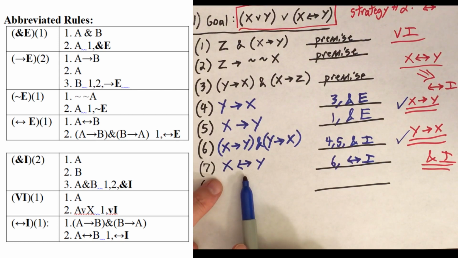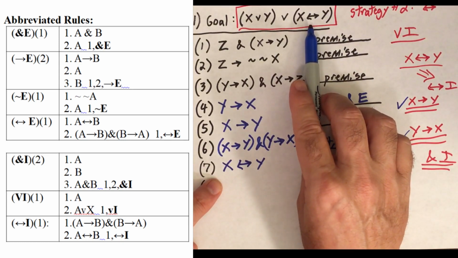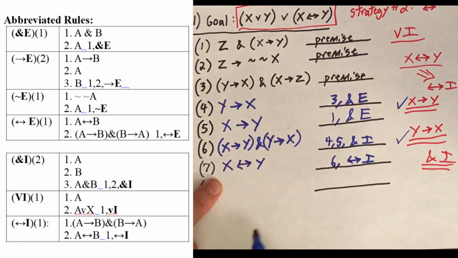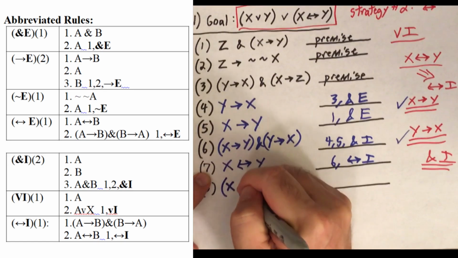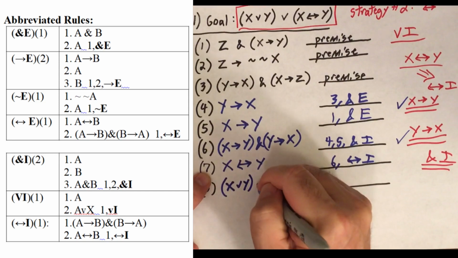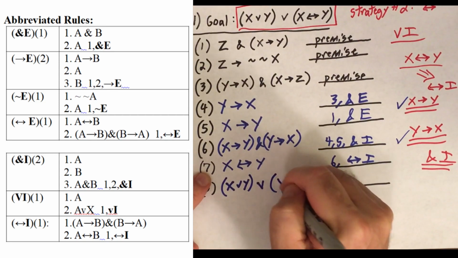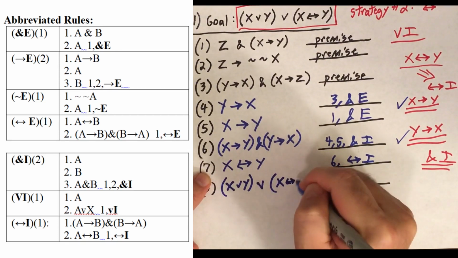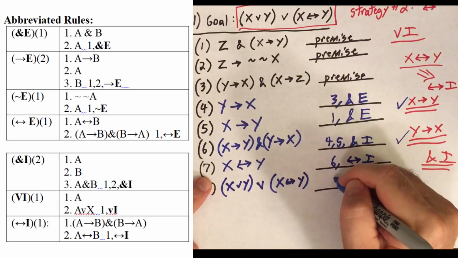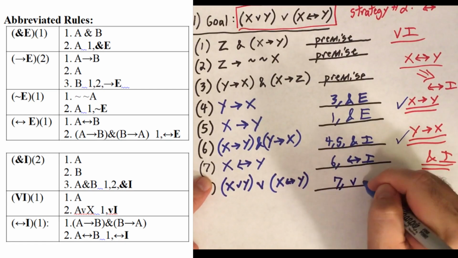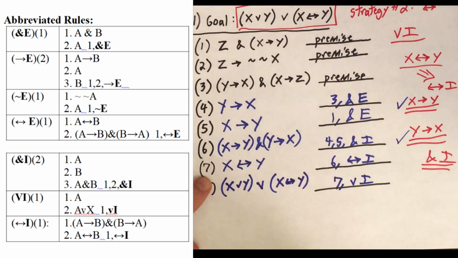So I have my biconditional, so I know that one side of the OR I'm trying to create is true, so I can simply create the other side out of thin air. There it is. I use parentheses. There is my goal sentence. I created that from line 7, simply using the OR introduction as my final step.